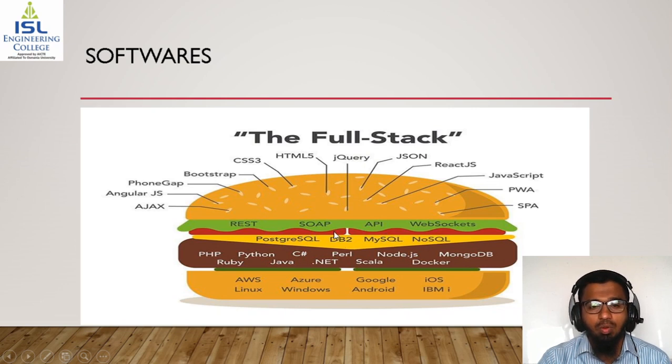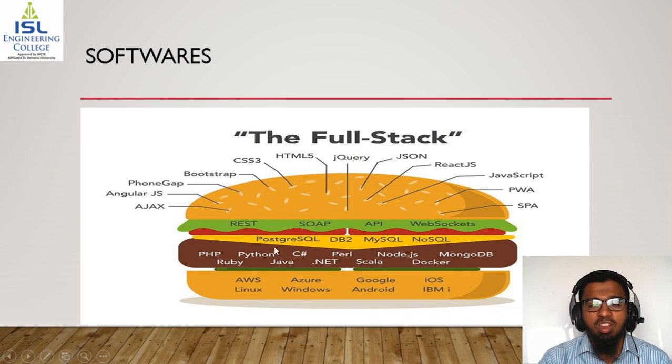This is database. And here PHP, Python, C Sharp, Perl, Node.js, MongoDB, Ruby, Java, .NET, this all will come under backend. When you see the burger from the top, you cannot see the ingredients.